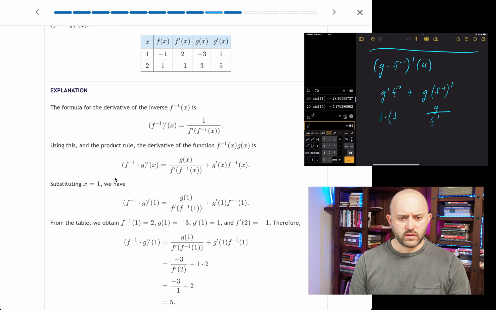From the table, f inverse of 1 is 2. Do we see that from the table? This is f prime of x is 2. Am I missing something here?